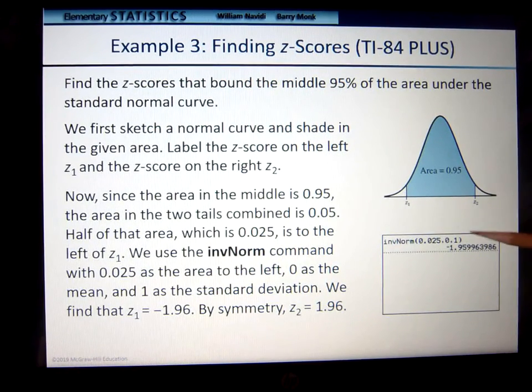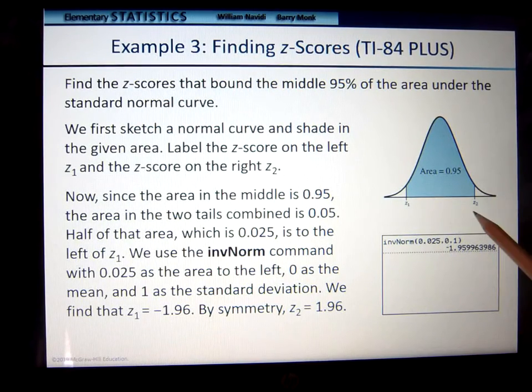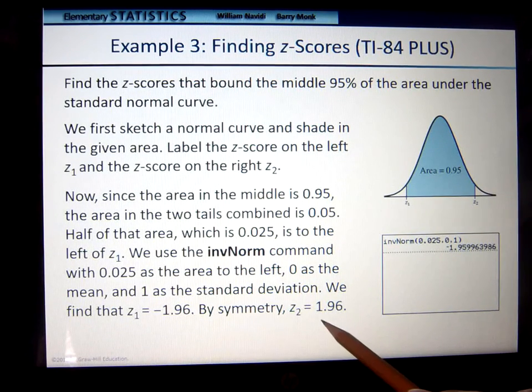All right, so they use that 0.025, and you get negative 1.959963, etc., rounded to 4 places past the decimal will give you negative 1.96. That gives you this number here. And we can say by symmetry, then we know that this would be positive 1.96.